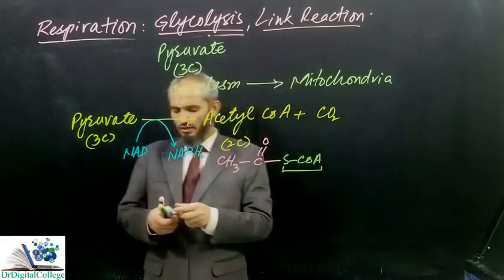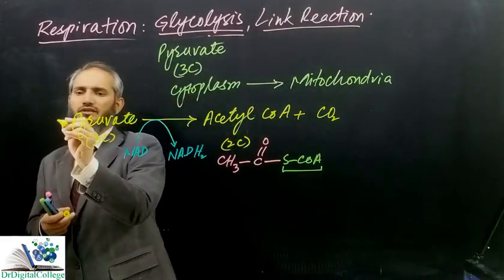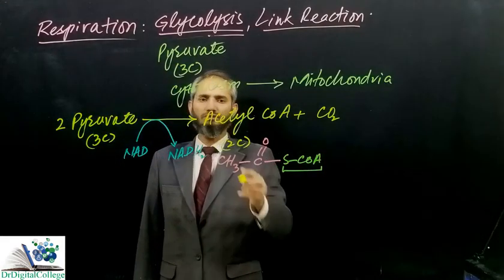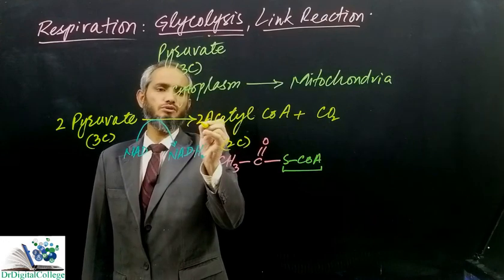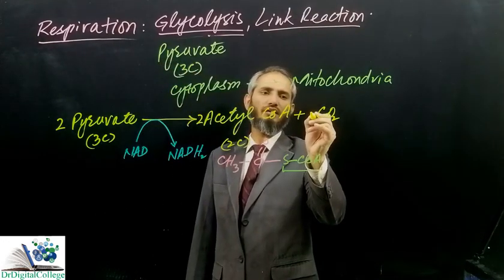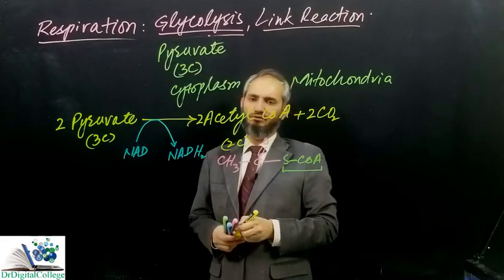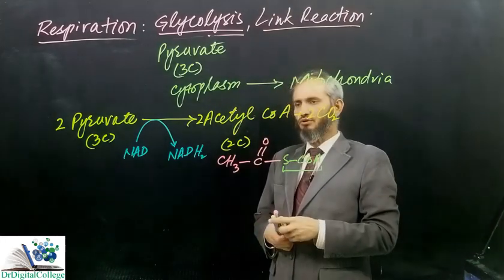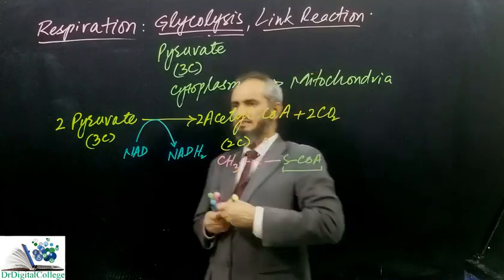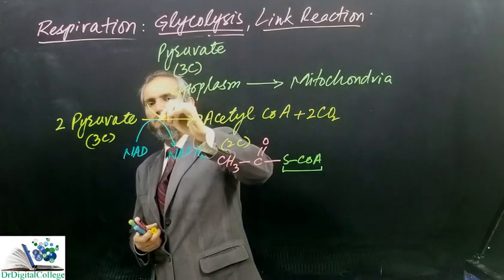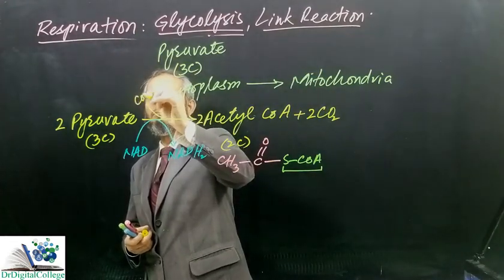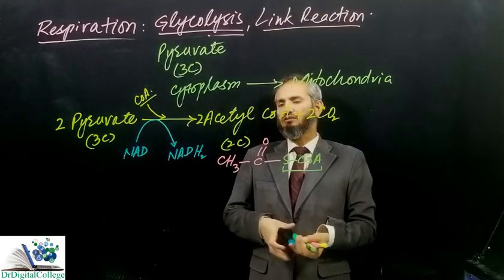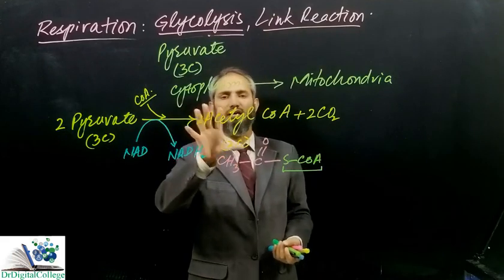So here we should multiply: we have 2 moles of pyruvate from 1 mole of glucose, and we are getting 2 moles of acetyl coenzyme A and 2 moles of carbon dioxide. Now this acetyl coenzyme A is present in mitochondria, with coenzyme A attached here. So this is the overall reaction I have written here.